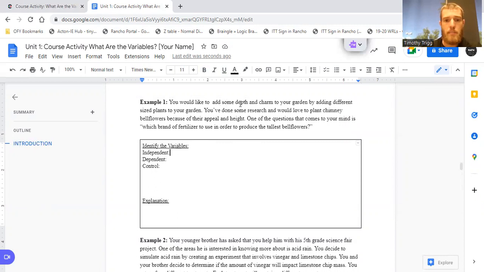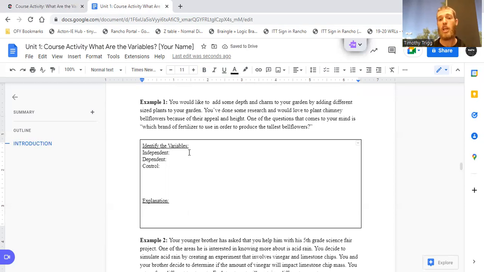You would like to add some depth and charm to your garden by adding different size plants to your garden. You've done some research and would love to see a plant chimney bellflowers because of their appeal and height. One of the questions that comes to your mind is which brand of fertilizer to use in order to produce the tallest bellflowers. All right, so the independent variable is the thing that I'm going to be changing.